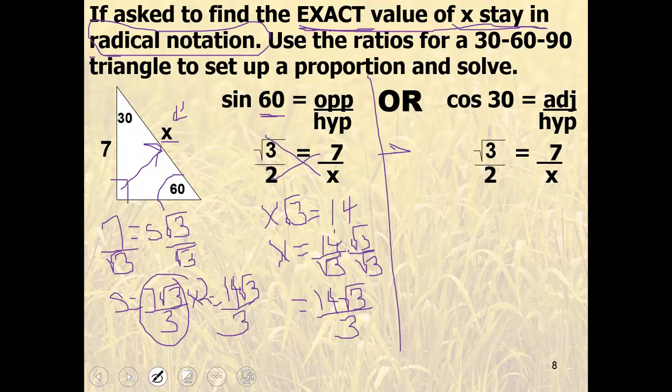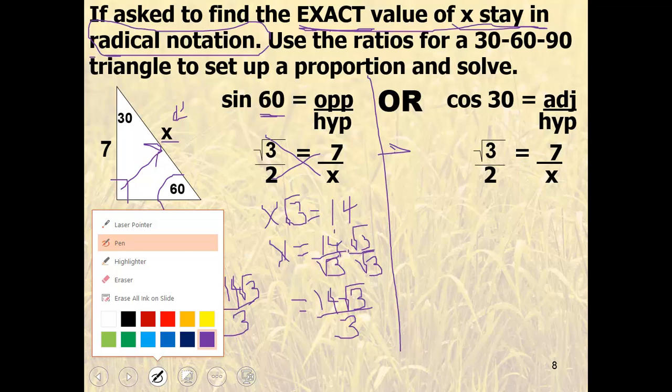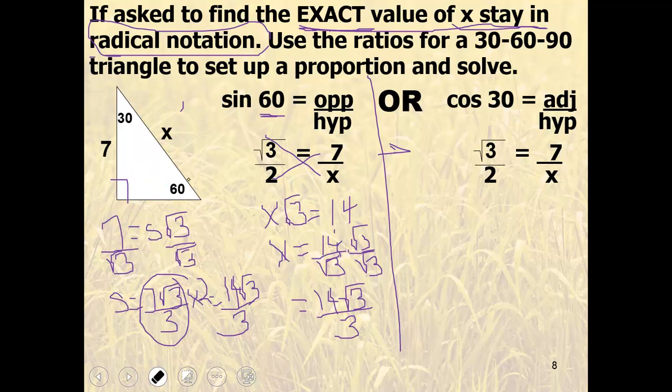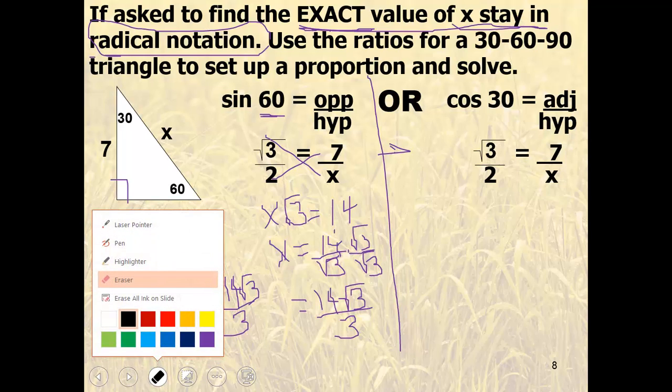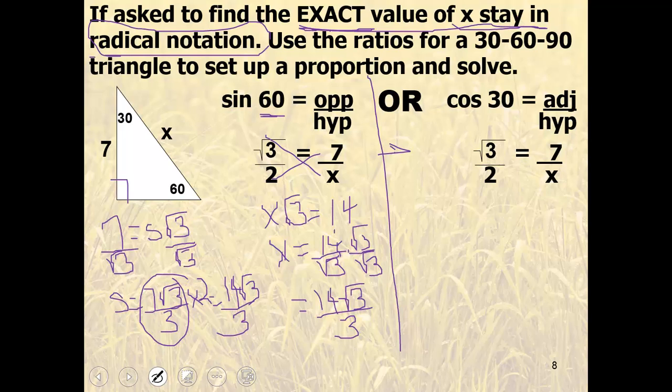Okay? All right. Another way of looking at this is to view it from the 30-degree angle and say, oh, I have the adjacent side, and I'm looking for the hypotenuse. Well, the cosine of 30 degrees is square root of 3 over 2. So now I just cross multiply these, and I get the exact same answer.